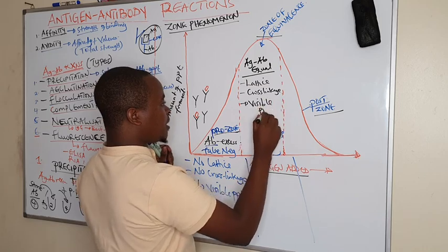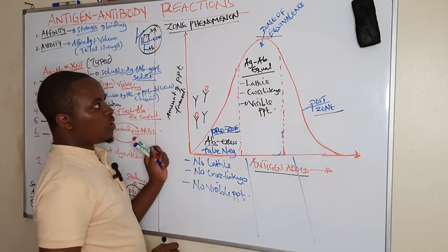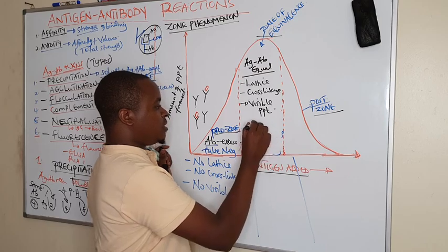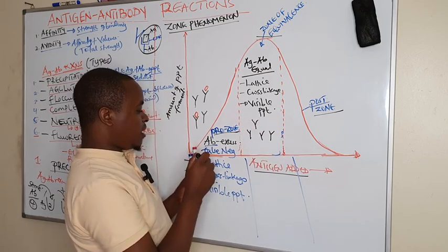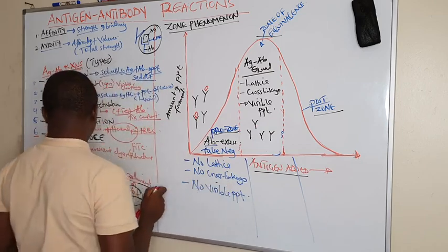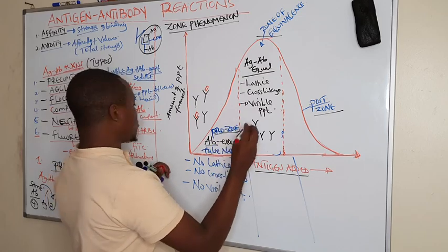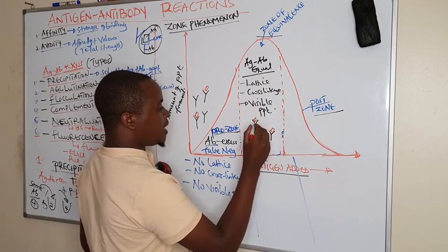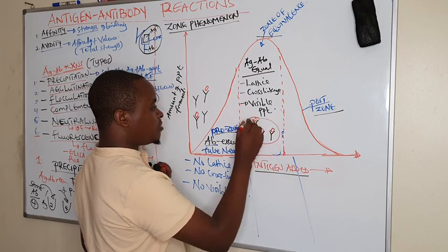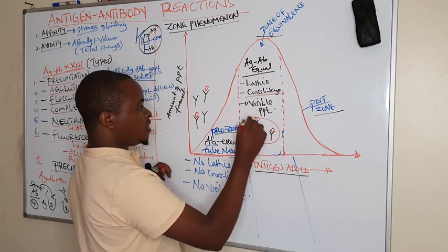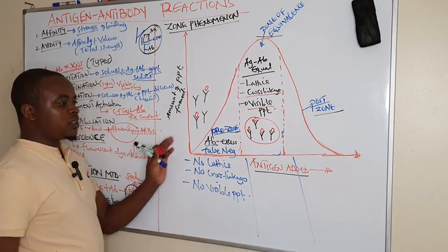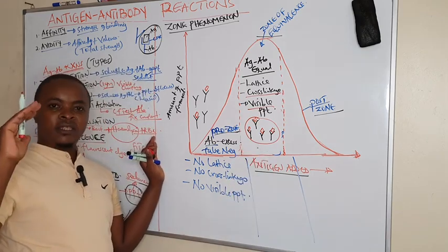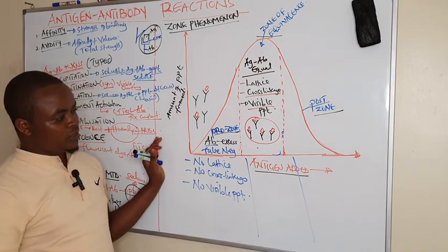This is what we know as the zone of equivalence, in that if we have 4 antibodies, the antigens are also 4, that is in tube 2, where we have the same amount of antigen and antibody. So because they are of the same number, there is lattice formation and cross-linkage resulting in visible precipitation, because there is equal proportion of antigen and antibody.